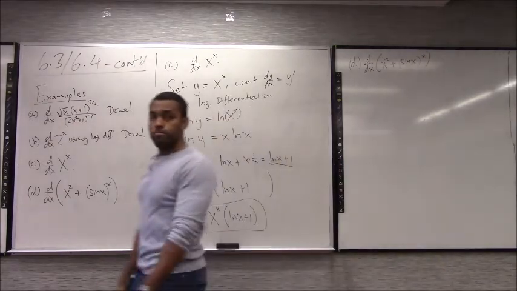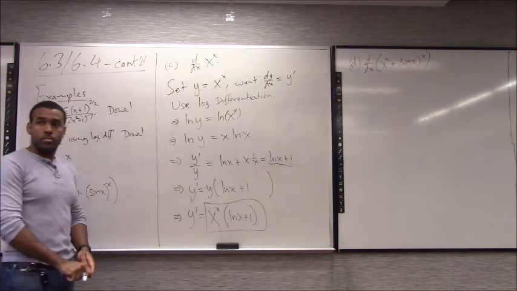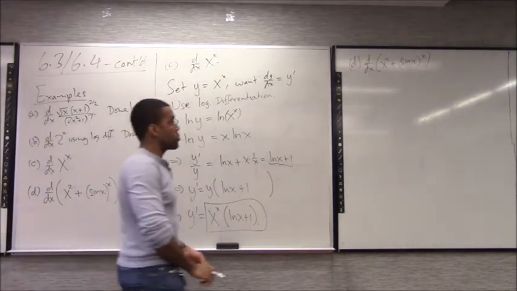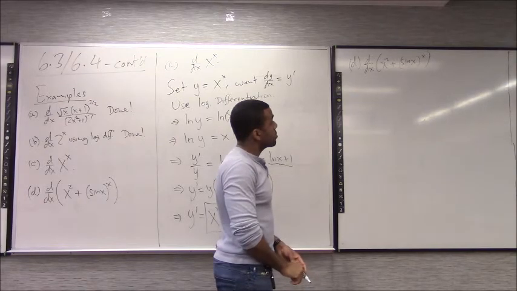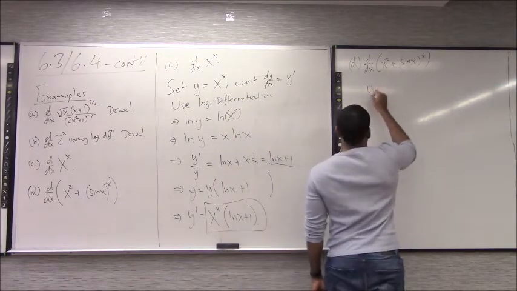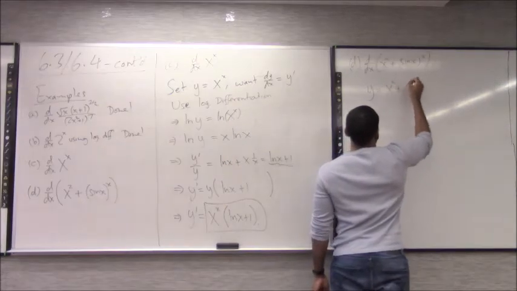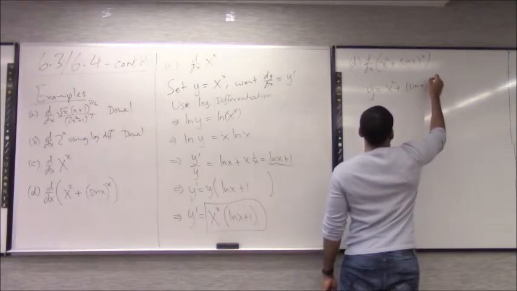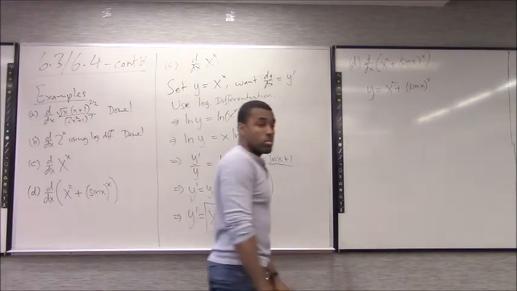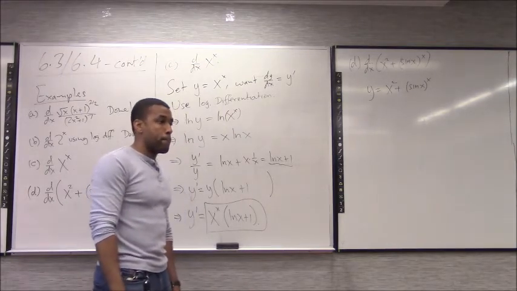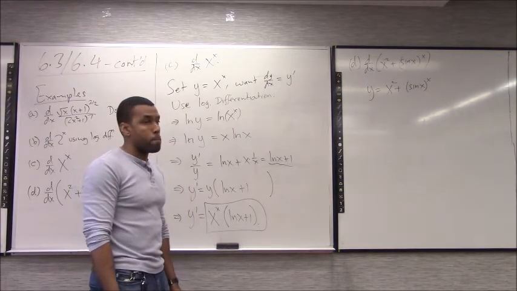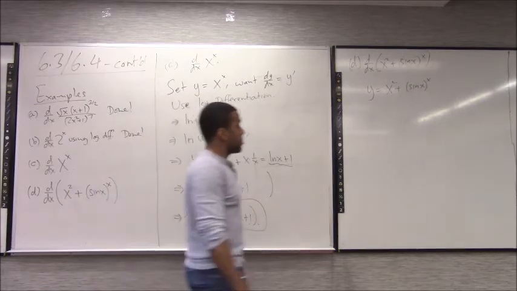About part D, what do we do here? Make y equal to x squared plus sine x, raised to the x. Now, take the natural log of both sides.